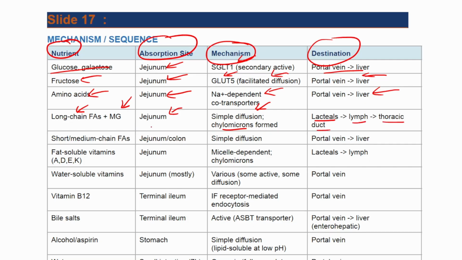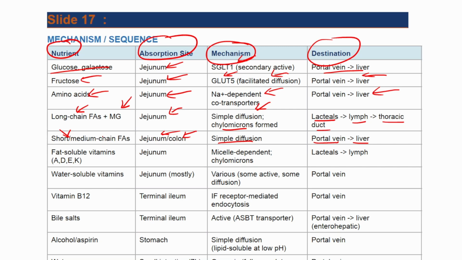However, the body processes shorter lipid carbon chains differently, allowing them to bypass this complex packaging route entirely. Short or medium chain fatty acids are absorbed across the jejunum or colon via simple diffusion, taking a functional shortcut through the portal vein directly to the liver.